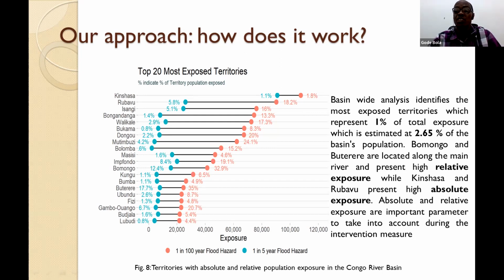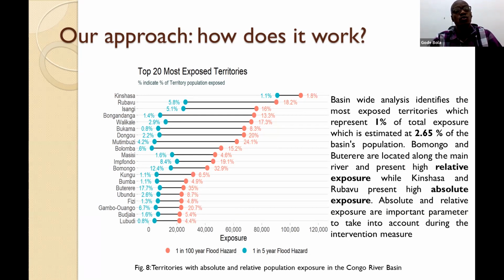We came up with these factors because mostly, if we are dealing with flood risk analysis, it is about assisting people and assisting those NGOs for flood management. And those two factors, absolute and relative exposure, are the most important factors that can be used during the intervention.